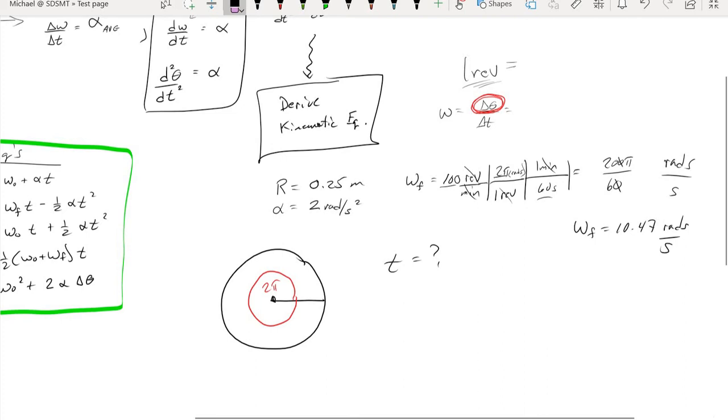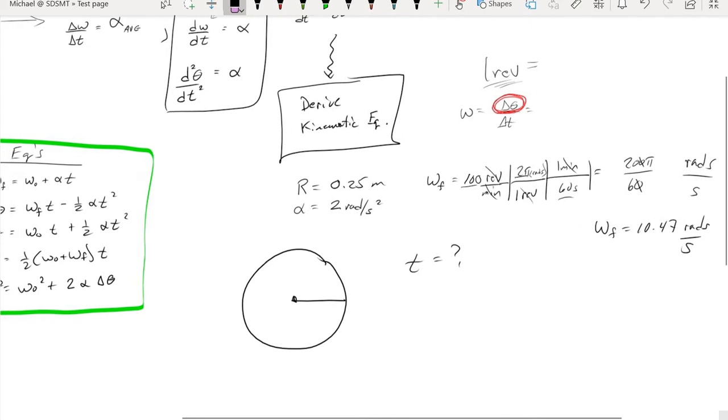Okay, so our wheel has a radius of 0.25 meters. It starts from rest, so that means that the initial angular velocity is 0. We want the final angular velocity to be the 10.47 radians per second.